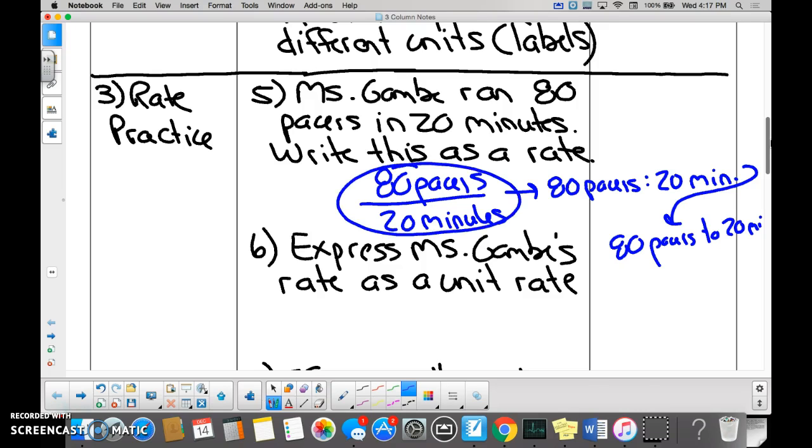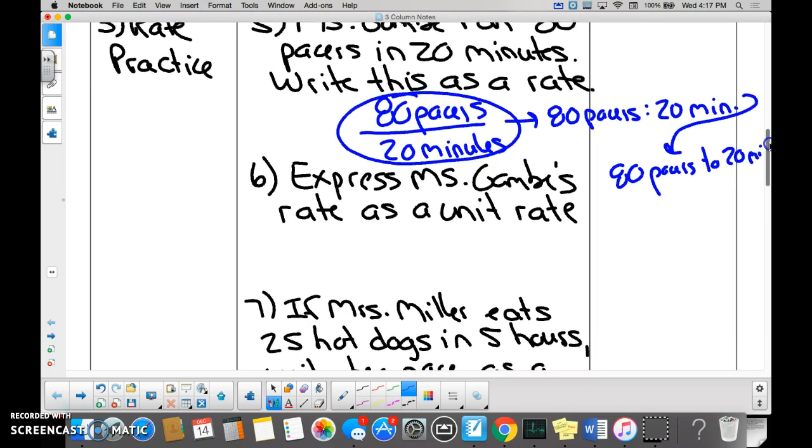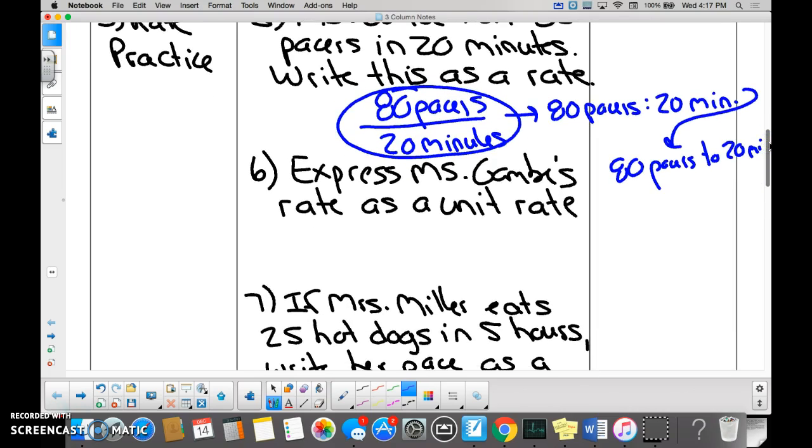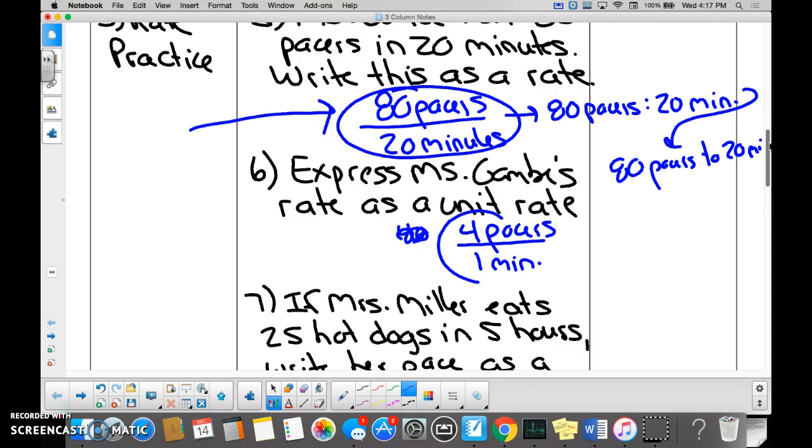We just reduce it because 80 and 20 have a common factor of 20. 80 divided by 20 would be 4 pacers, and 20 divided by 20 would be 1 minute. So for her to run at a rate of 80 pacers in 20 minutes, she has to do 4 pacers per 1 minute. So her unit rate would be 4 pacers per 1 minute.